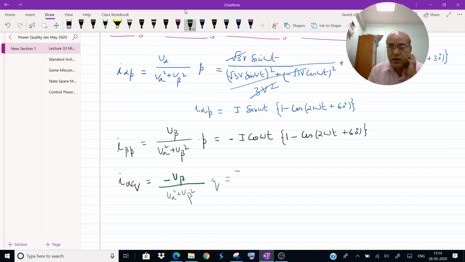This is minus root 3 into B cos omega t, and this becomes 3b squared because this is the square term.